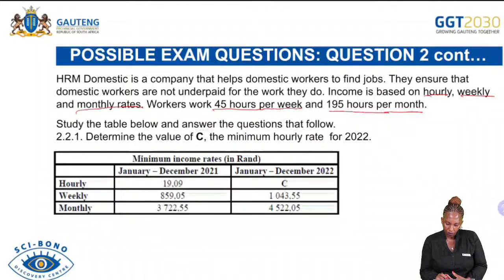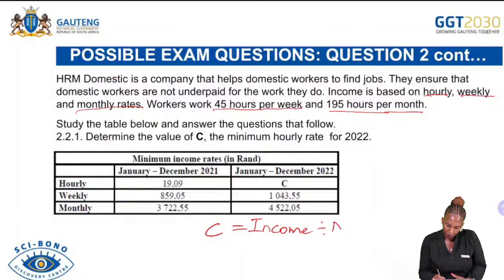Now we want to determine the value of C, the minimum hourly rate for 2022. How are we going to get that one? We said now, for the weekly, C is equal to the income that they will receive divided by the number of hours per week.